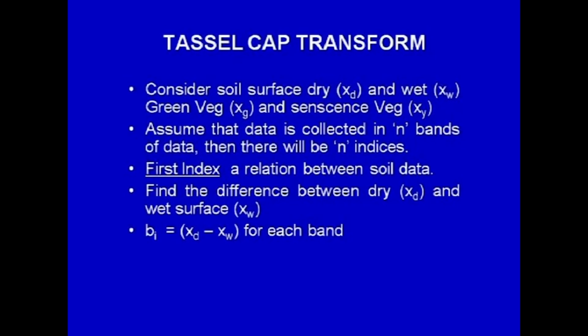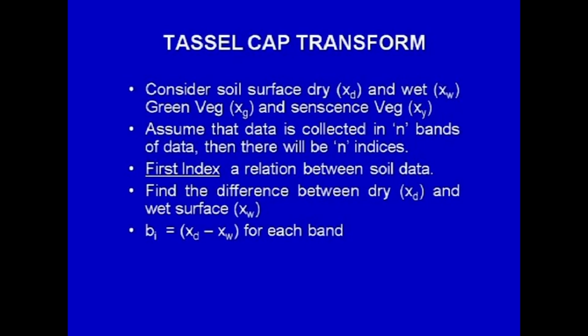There are pixels consisting of wet surface, green vegetation and senescent vegetation, and these are represented as XD, XW, XG and XY respectively. Assume that the data is collected in n bands, thus there will be n indices.